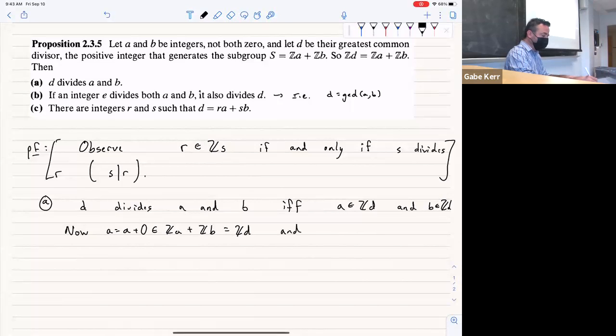And equivalently, B is equal to 0 plus B, which is an element of ZA plus ZB, which we are given is equal to ZD. So D divides it.